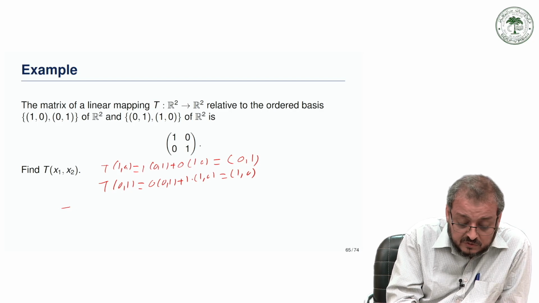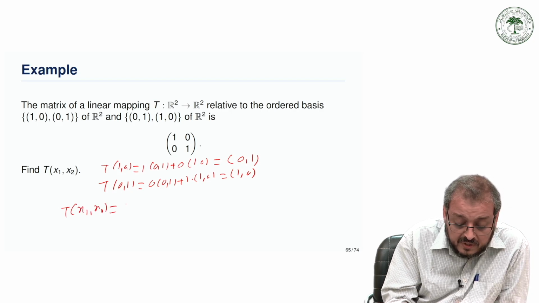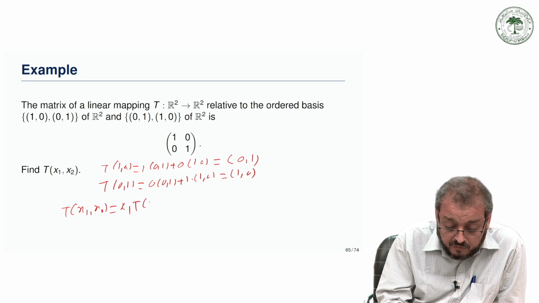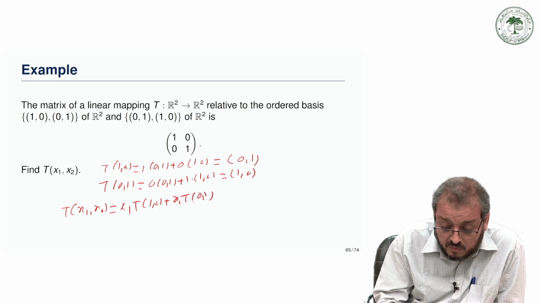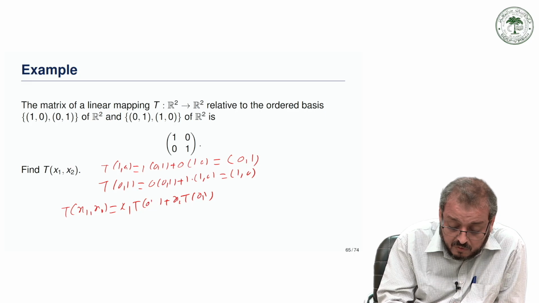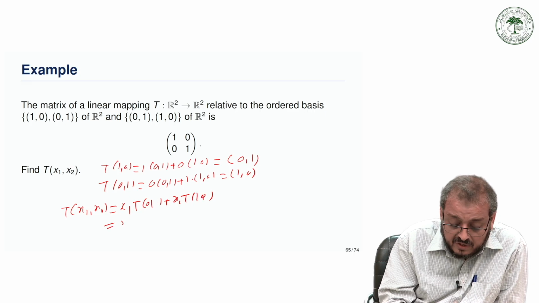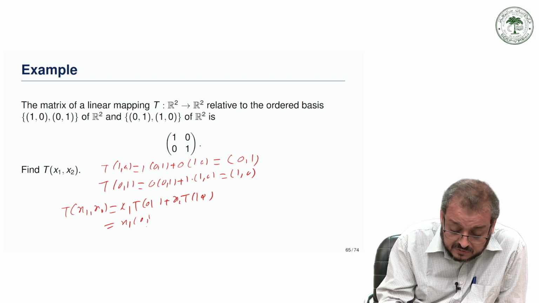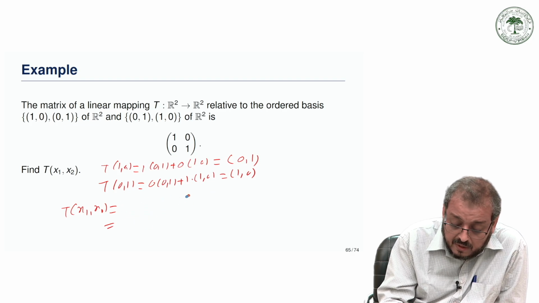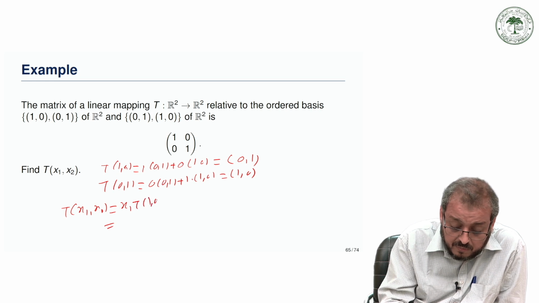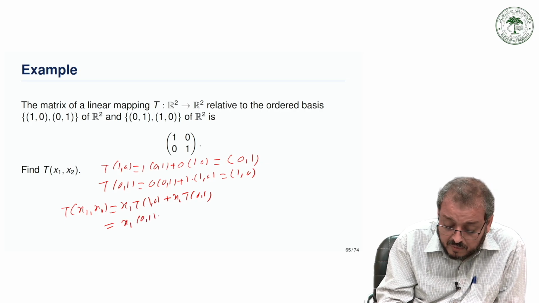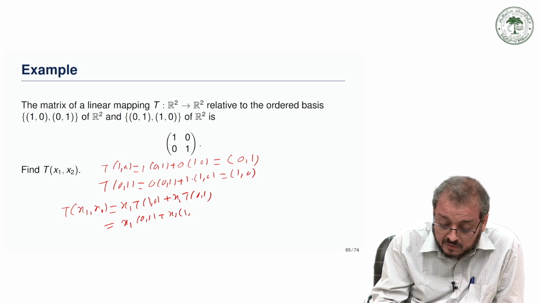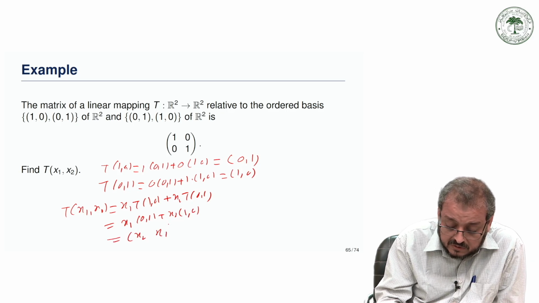So if we have to find T of (x1, x2), it can be written as x1 T of (1, 0) plus x2 T of (0, 1). x1 times (0, 1) plus x2 times (1, 0), then clearly we have (x2, x1).